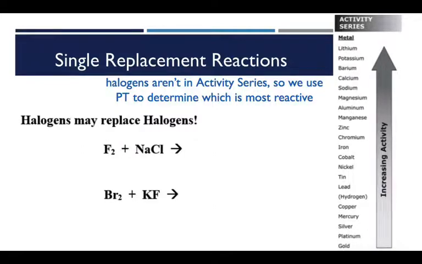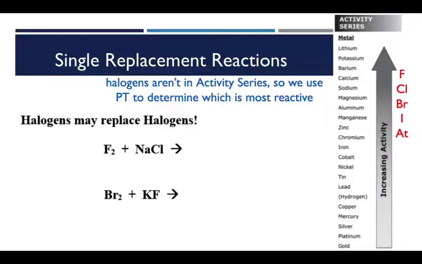So if you look at that periodic table, fluorine is at the top of its group, and since it's the most reactive non-metal, that halogen group, that column with F, Cl, Br, I, and At, is kind of like its own little mini activity series. Fluorine is the most active, the most reactive, and so it's at the top.